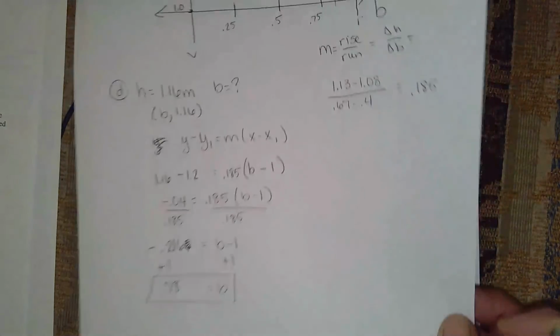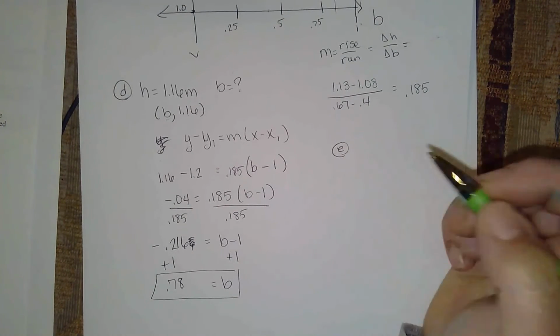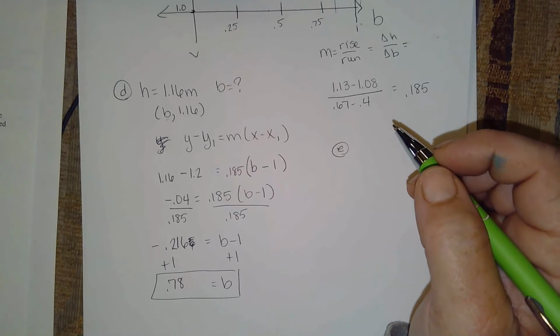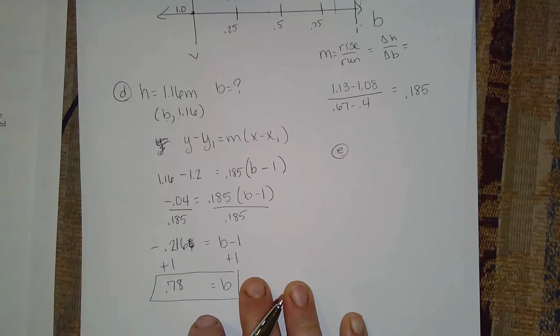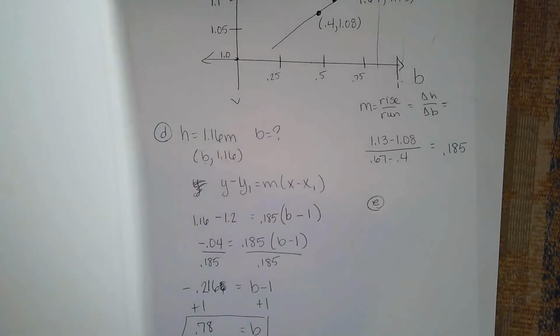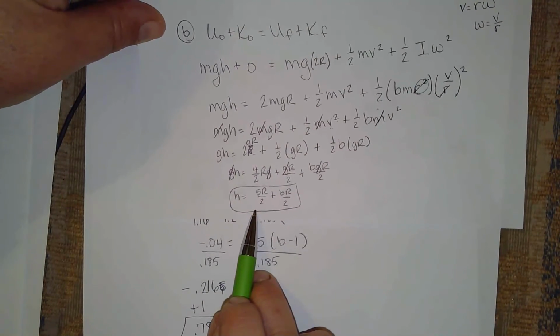All right. Now, on E, it says calculate the radius of the loop. So I go back to what I had. Okay, I'm going to use this equation that I had for potential energy.